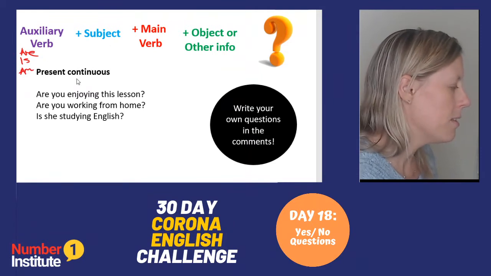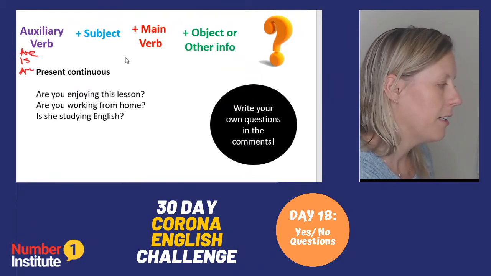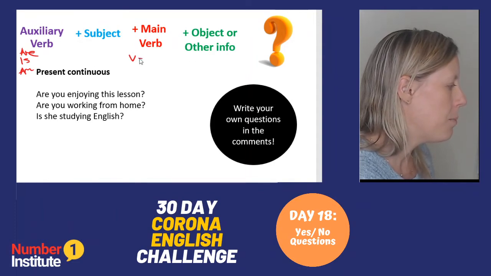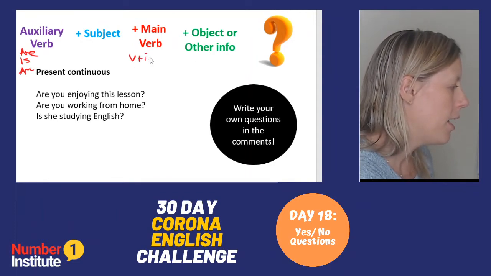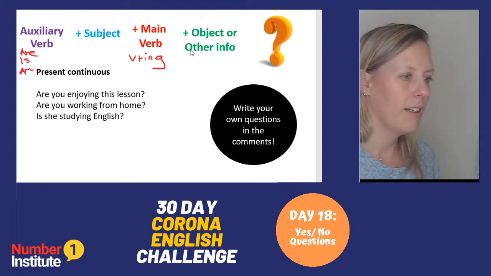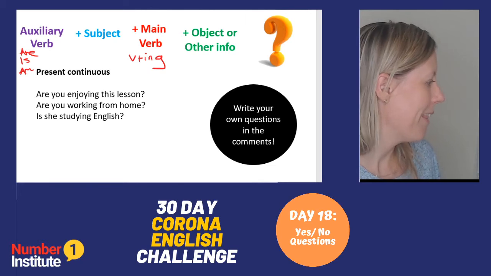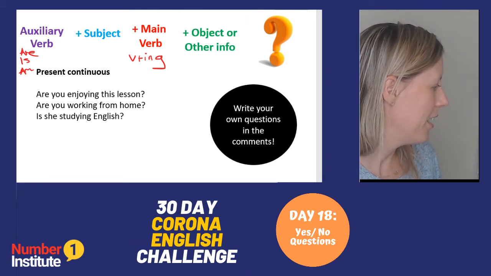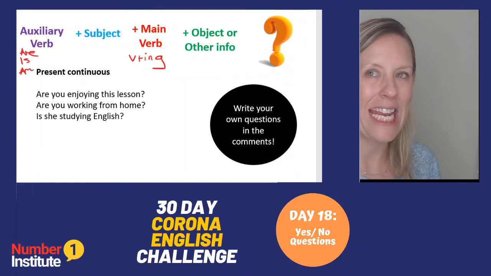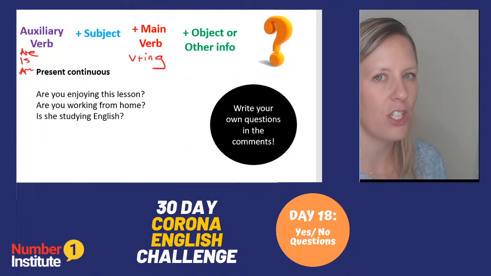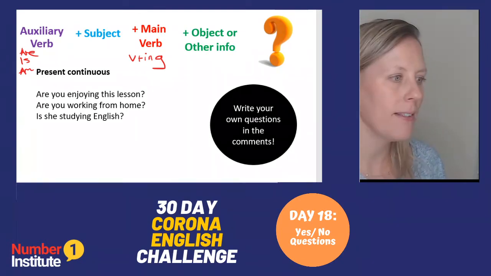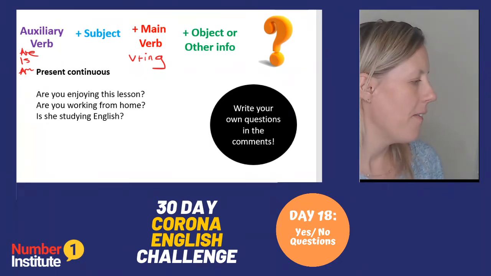We have the subject, you or she, and then this is the verb plus ing. Okay, so if you want to write any questions in the present continuous, put them in the comments. Thank you, Saeed.